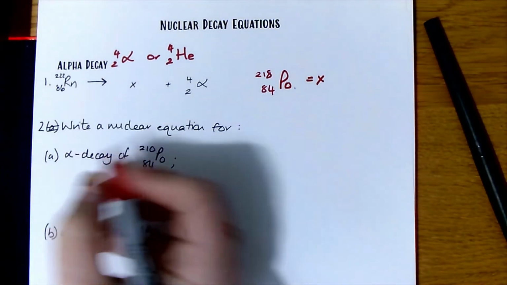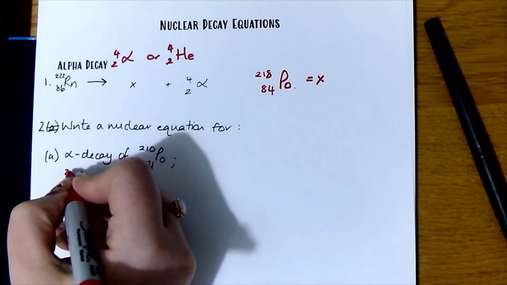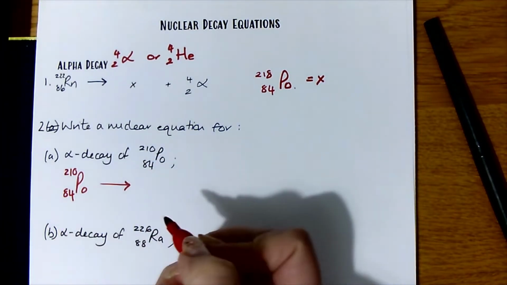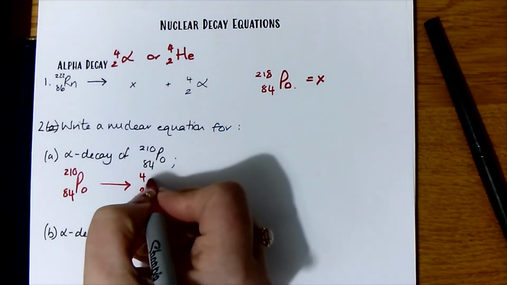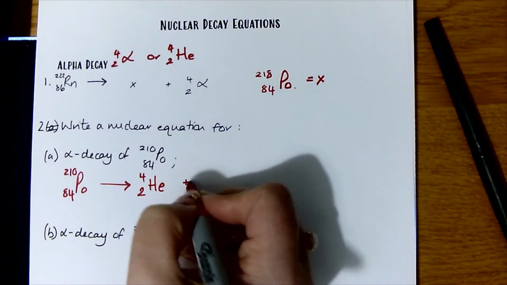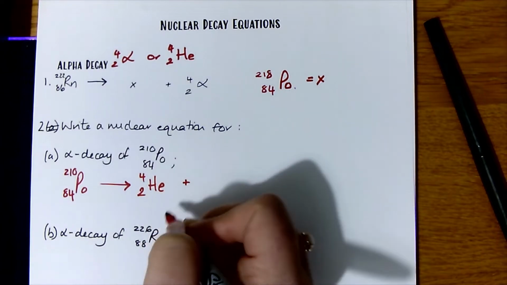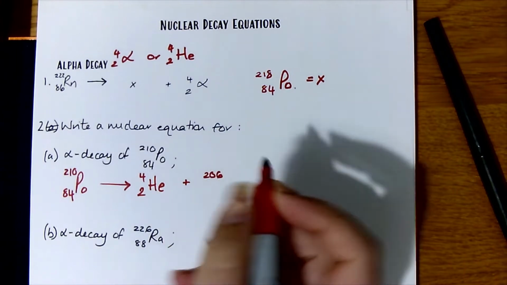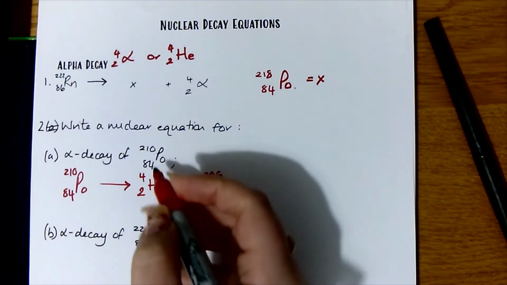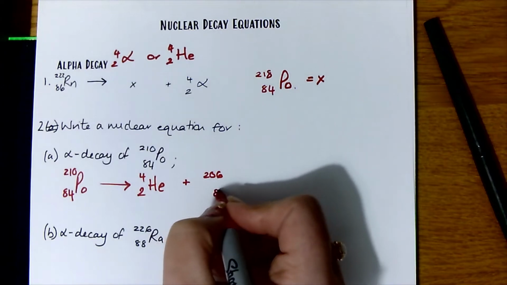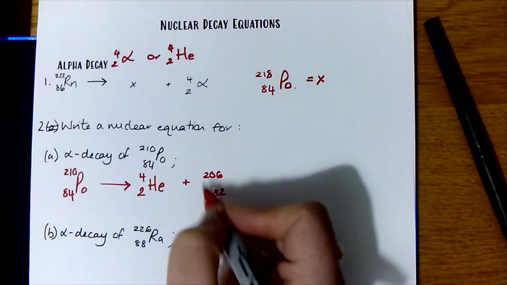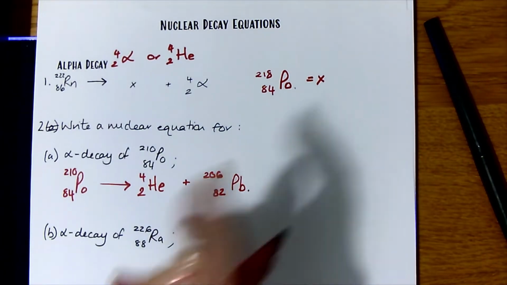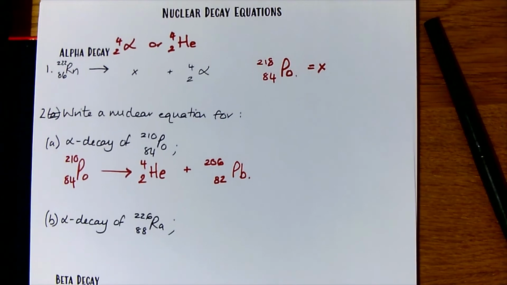So the first thing to do is to write out the initial species that we've got, and we know that it's going to be alpha decay, so I always put an alpha particle in first, and then it's count the numbers. 210 minus 4 is 206, 84 minus 2 is 82, and again using our periodic table to find out which element has the atomic number 82, we find that it is lead, Pb. And that's how we do that type of question.